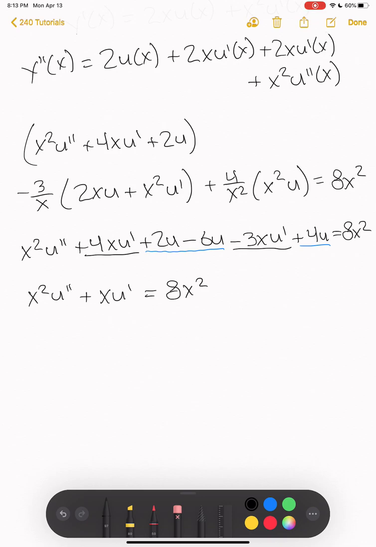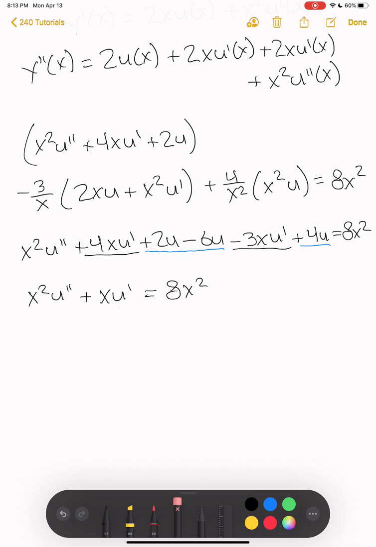And so what we have here, and you might not recognize it yet, but we actually got rid of one of the orders. We started out with a y double prime, a y prime, and a y, but the y is gone. There's no more simple function.